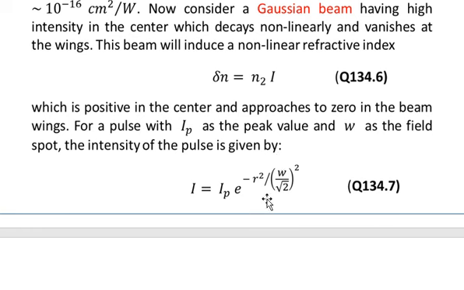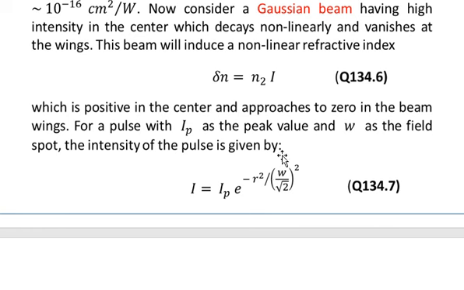The Gaussian intensity that we shall be using in order to generate the Kerr lens is I equals Ip times e to the power minus r squared divided by the square of w over square root of 2, where r is 0 in the center of the beam, and r gets its value as you move away from the center, and w over square root of 2 is the spot size of the Gaussian beam.